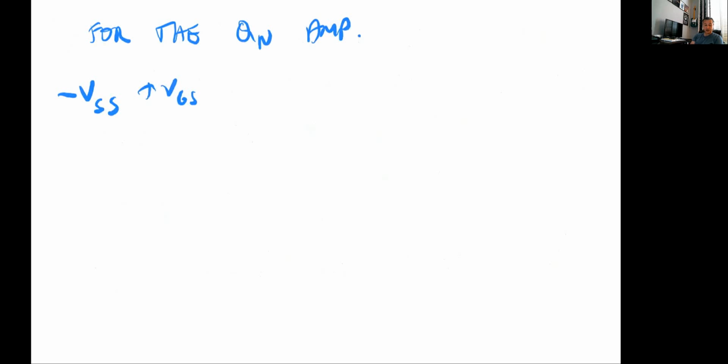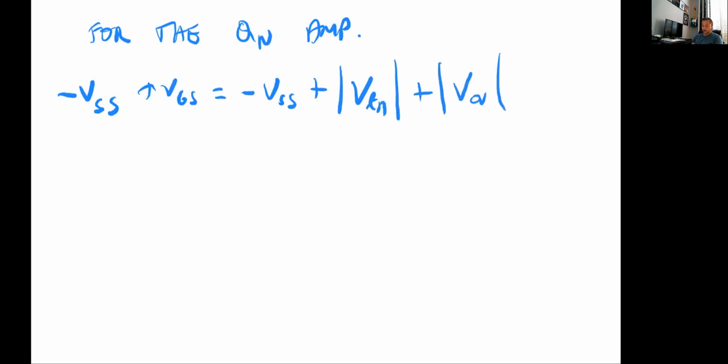At the gate of the N channel is going to be minus VSS plus the threshold voltage for the N plus the overdrive voltage for the transistor, which are all the same.